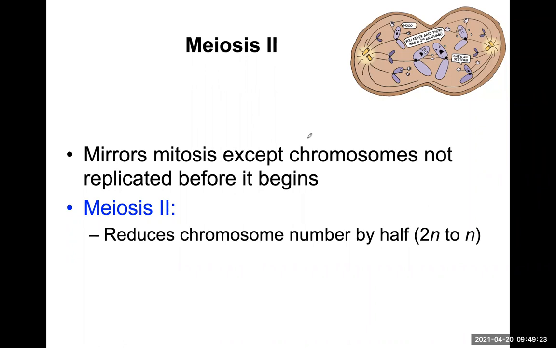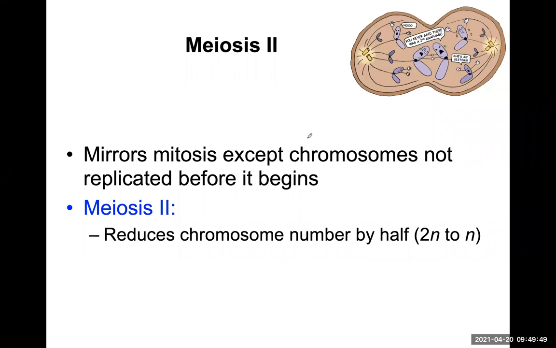And so what you get at the end of meiosis 2, because you've had the cell go through this process twice, is 4 cells instead of 2, which is what we see in mitosis. And each one of those cells is going to have half of the amount of genetic information because of the splitting of the centromere in anaphase 2.